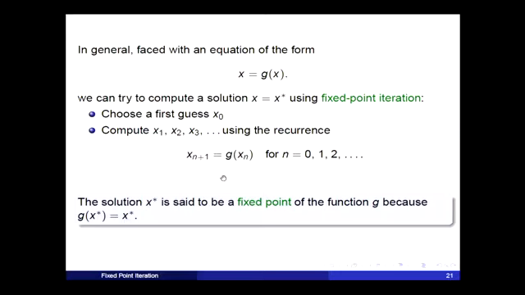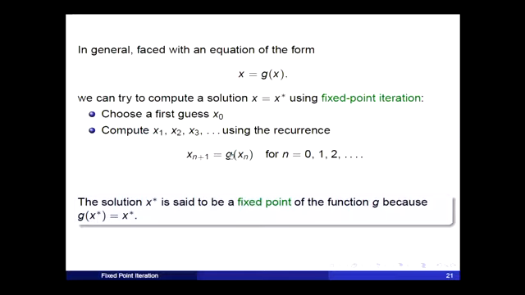Now, how do I know that this method will converge? You have to have something like a contraction. You get the idea, but we have to make it more precise.